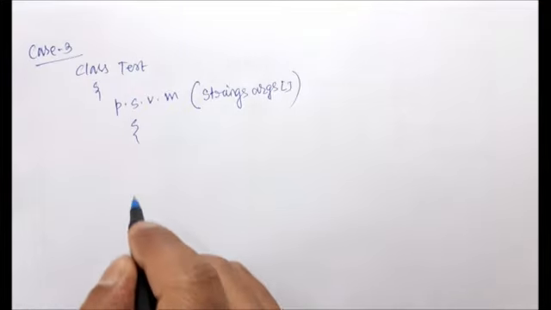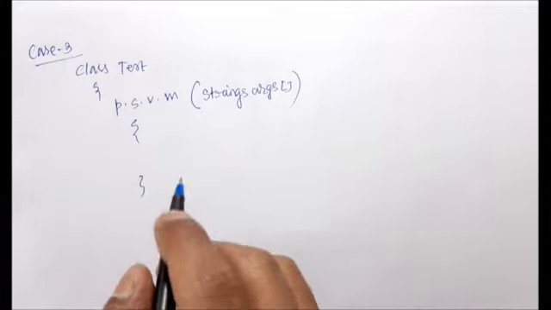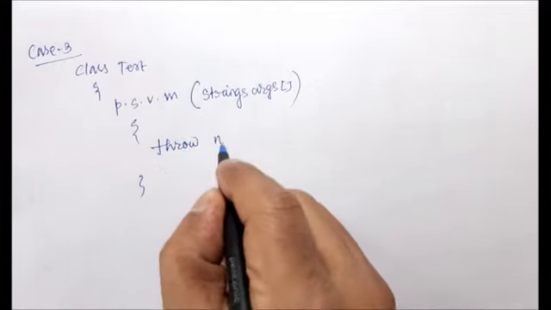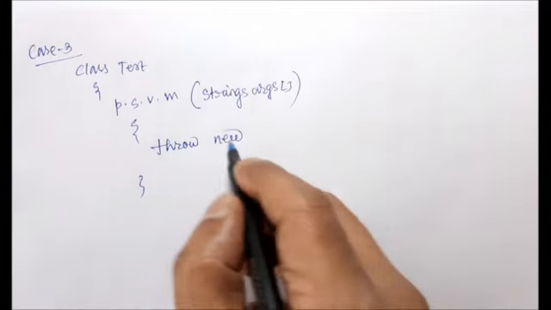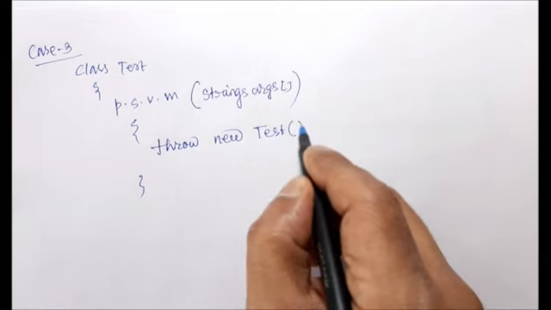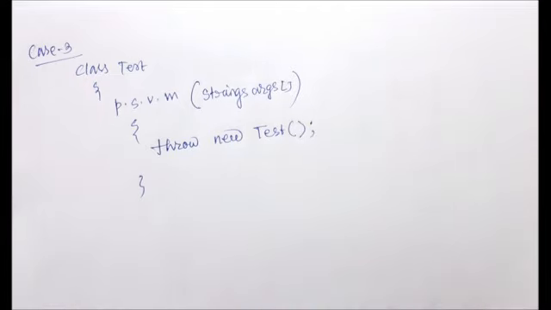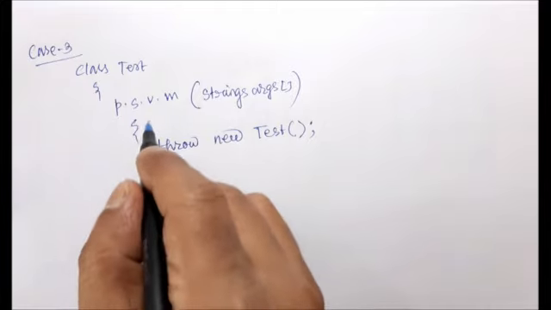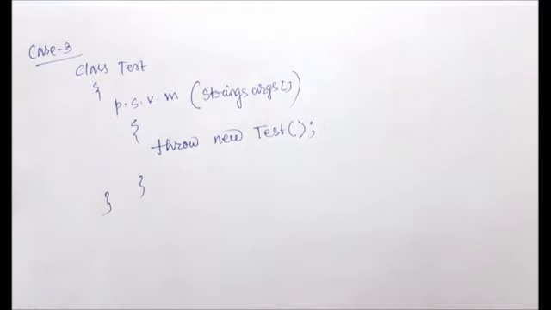Within that I just want to throw an exception, so I write throw new Test, without argument. Now I have completed the public static void main, I have also completed Test.